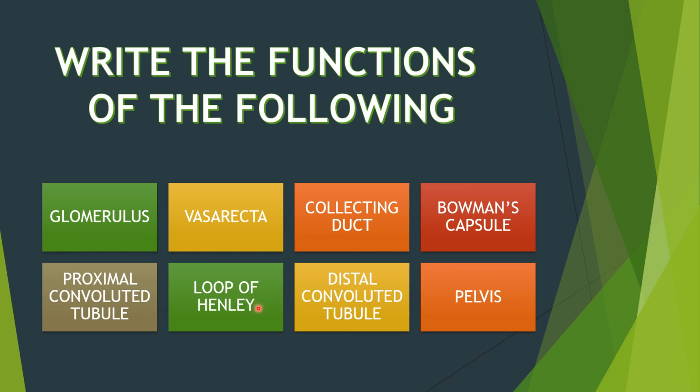Then loop of Henle. In this region, some water and chloride ions are reabsorbed into the capillaries. Distal convoluted tubule. What are the main functions of the distal convoluted tubule?